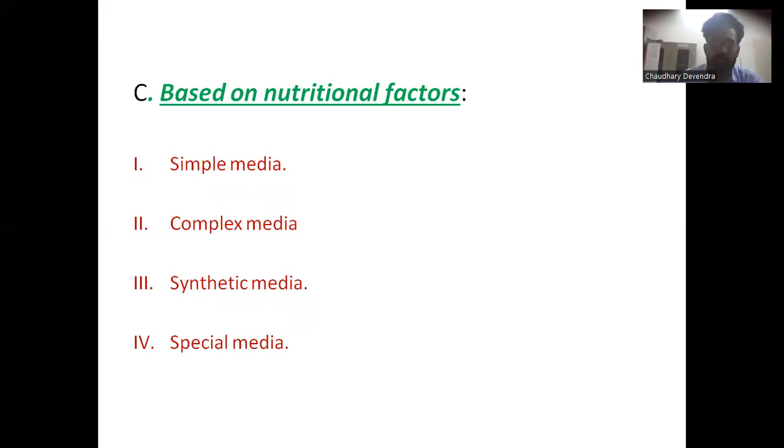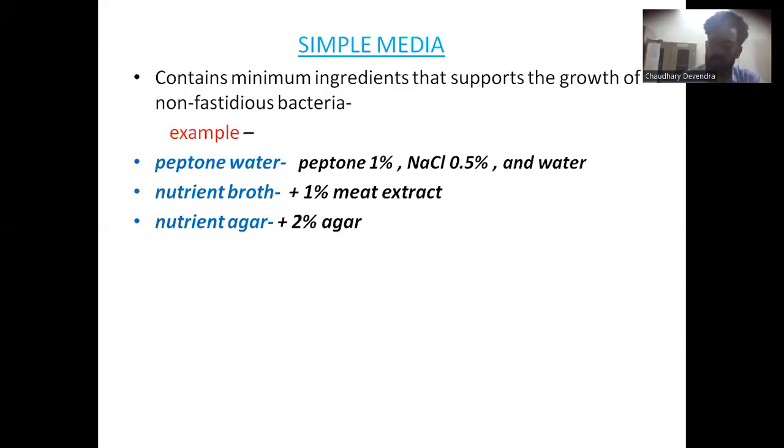Now what is the meaning of simple media? In the case of simple media, it contains minimum ingredients that support the growth of non-fastidious bacteria. Here we use basic constituents, which we all learned about, and they promote the growth of non-fastidious bacteria, not the fastidious bacteria.